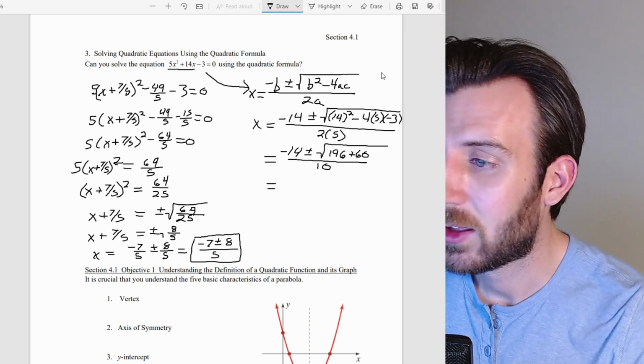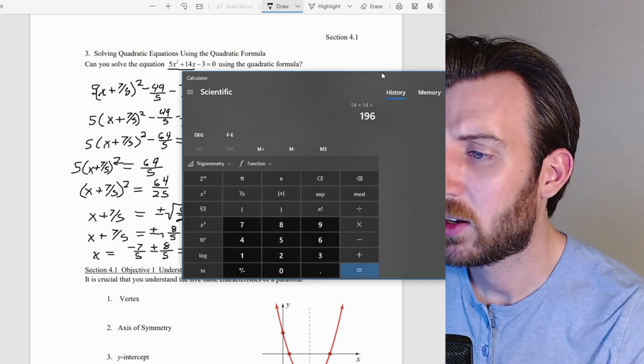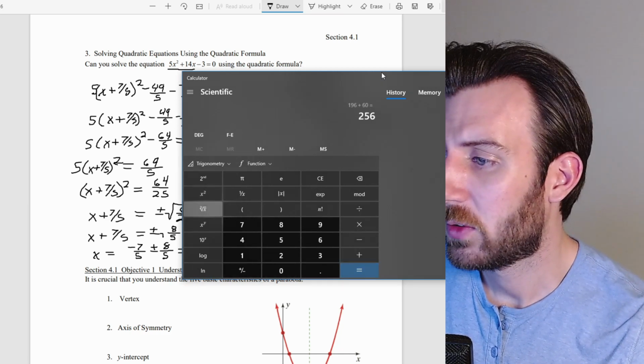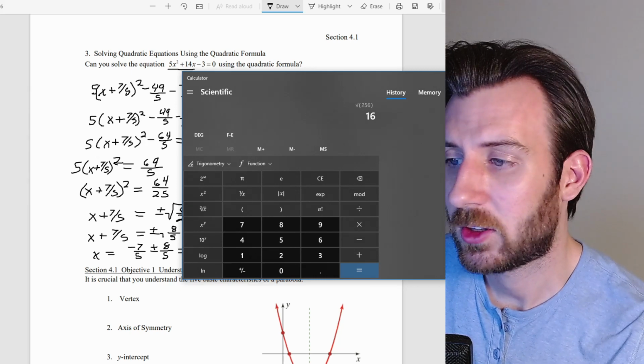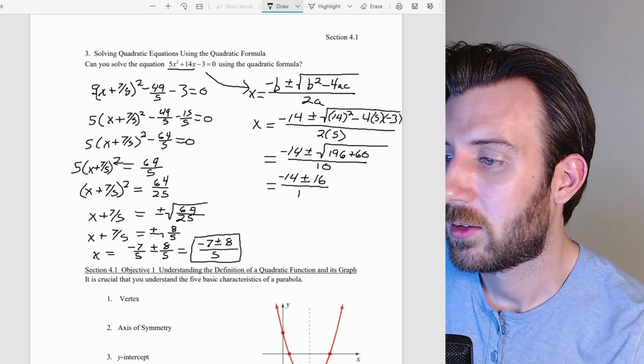And that would get us, let's see, negative 14 plus or minus 196 plus 60 gets us this 256, which I think we can square root to get 16. Very nice. So plus or minus 16 divided by 10.